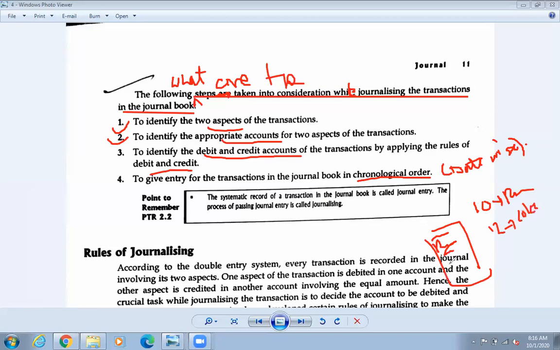That means I'm going to record Coca-Cola second. I will not put Coke first and Rompum later. That means it is going to be in the chronological way, in order. According to the time at which it happens, it will go. In that way it is going to be recorded. So we are going to have these other considerations while entering the journal book.